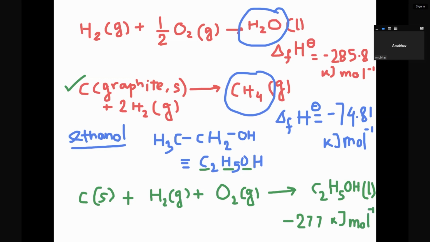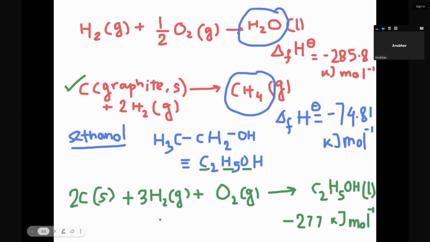But we have to first balance this equation to get it. Because whenever we talk about any chemical equation, we have to make sure that we are balancing it. So here if we try to balance, on the right hand side, we have 2 carbon atoms. So we'll write 2 over here to make the carbon atoms same. We have 6 hydrogens over here, one in H5 and one in the OH.